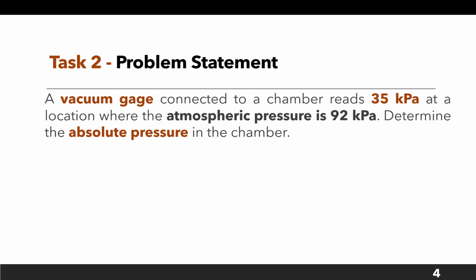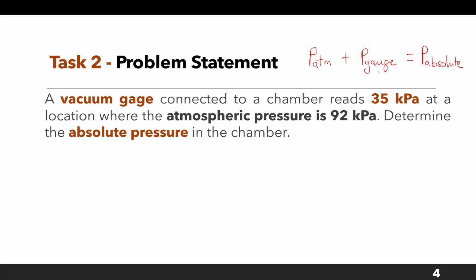Based on our knowledge in the fundamental parts of thermodynamics, we can easily say that anytime we have atmospheric pressure, if we add that to our gauge pressure, we should get the absolute pressure.